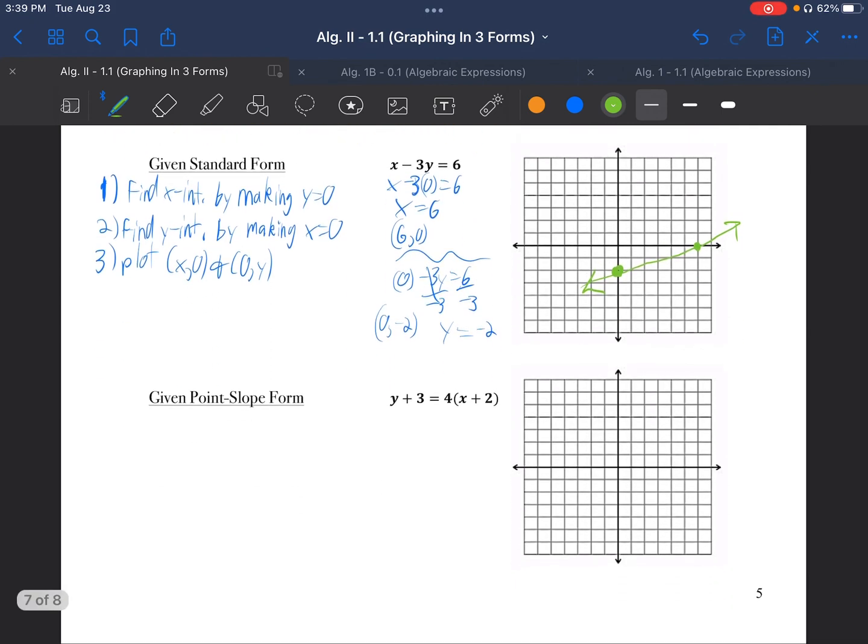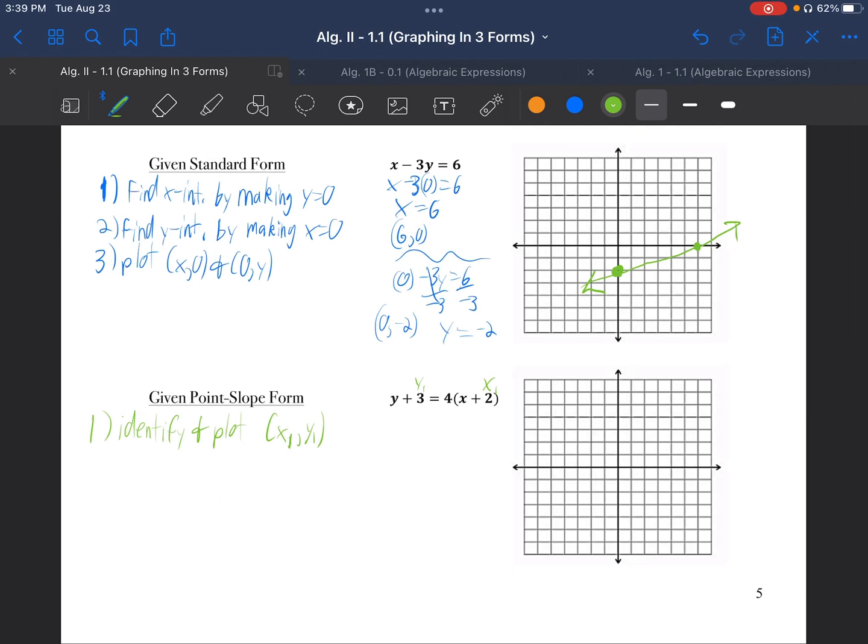Now we're going to do point slope form. So point slope form, we're going to identify and plot the point you're given, (x1, y1). So here, remember, x1 is what's with the x, and y1 is what's with the y. And I noted earlier that point slope form is y minus y1 and x minus x1.